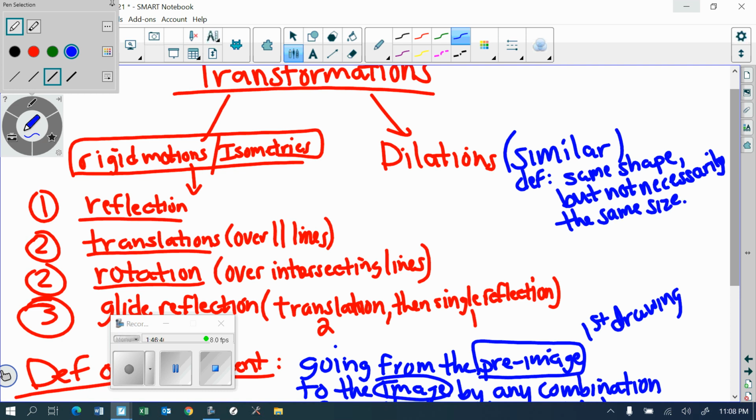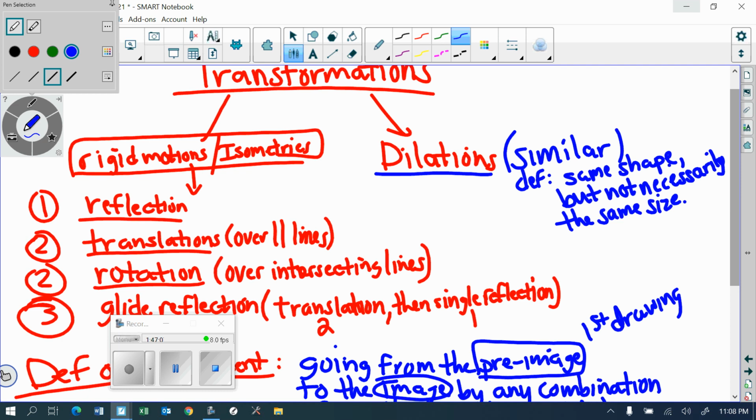Now, 99.9% of the time they're not going to be the same size, but they technically, by definition, can be the same size. So dilation with a scale factor of 1, that means it's the exact same, 1-to-1 ratio. So it's congruent. So congruence does fall underneath dilations, but they usually will keep them separate out here.